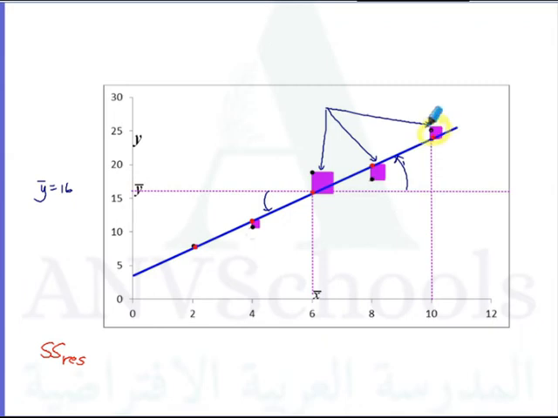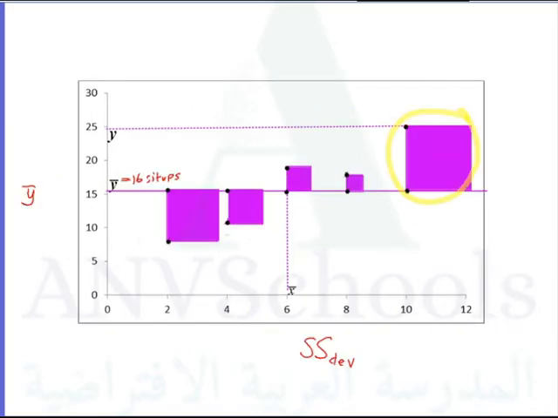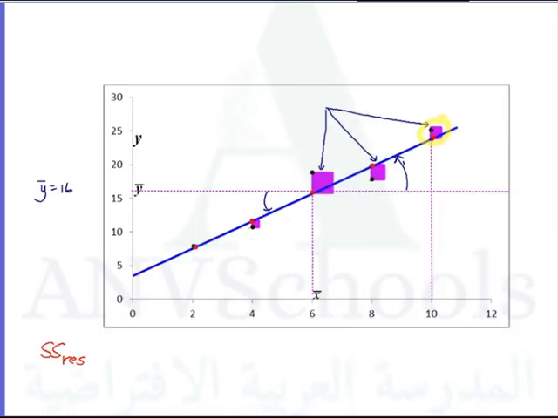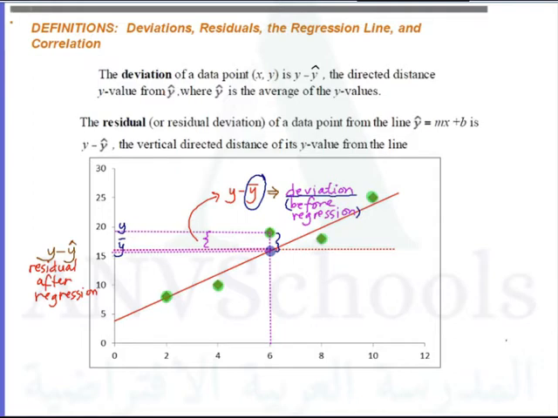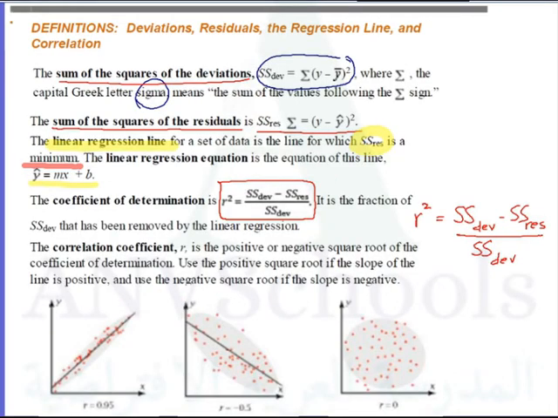So the fraction that is removed going to the yellow encircled box is very large. That goes for the coefficient of determination.